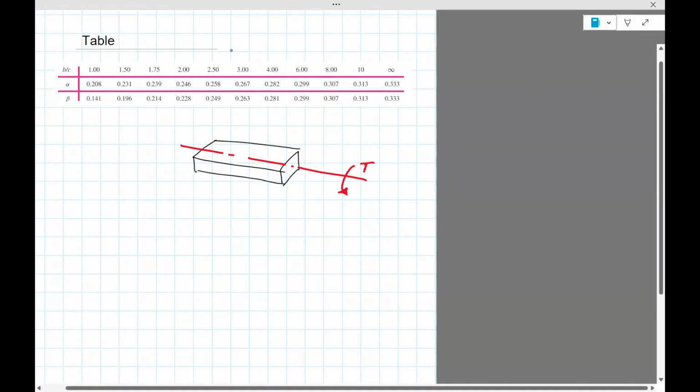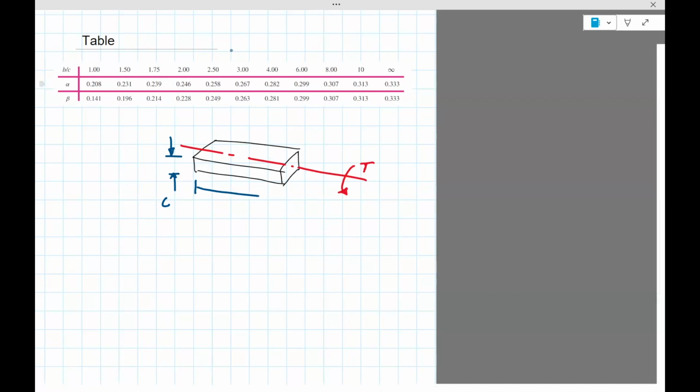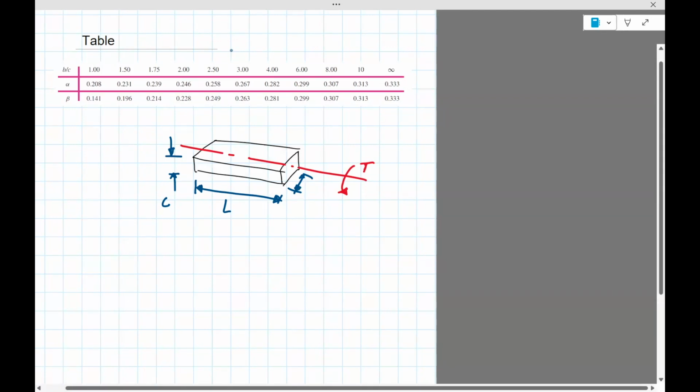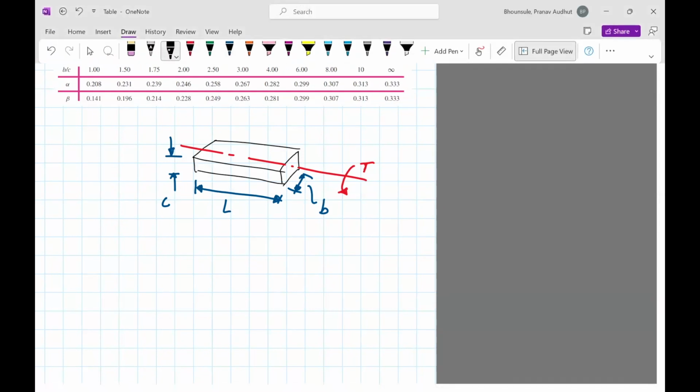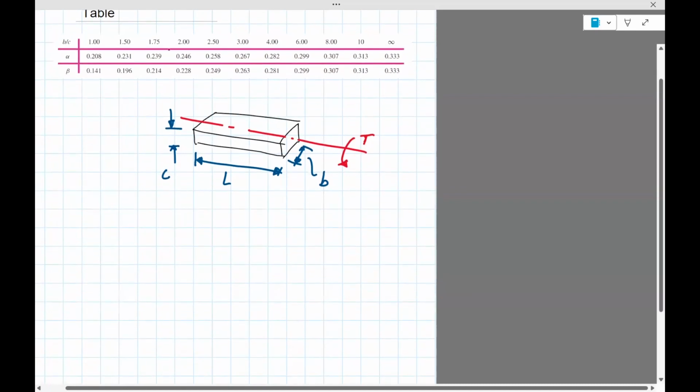So let's say that the thickness is C, this length. You can see that this length is actually parallel to the axis I've shown. This length is B. Then here is a formula for the maximum shear stress.